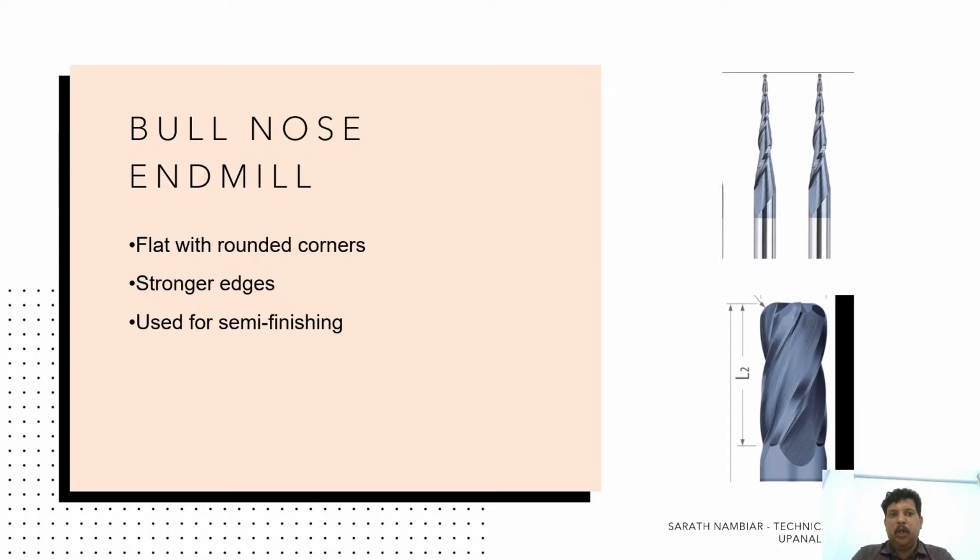So by adding a small radius, we increase the strength of the tool. So this tool gives better tool life, less breakage and good finishing. It is commonly used in semi-finishing operations, finishing operations, etc. So if you want a balance of strength and performance, you will use the bull nose.